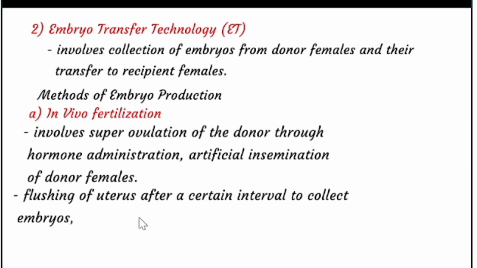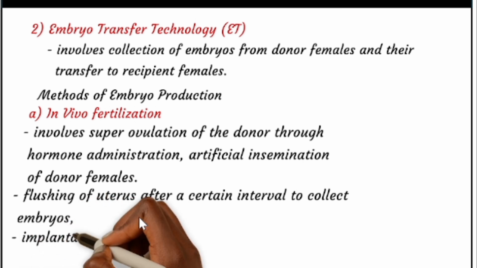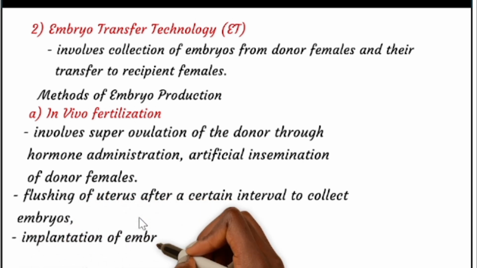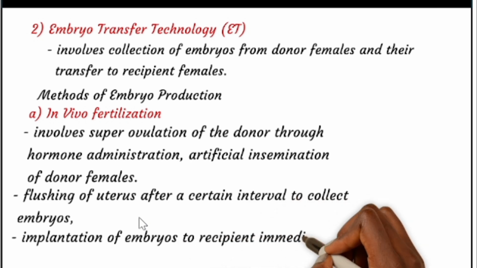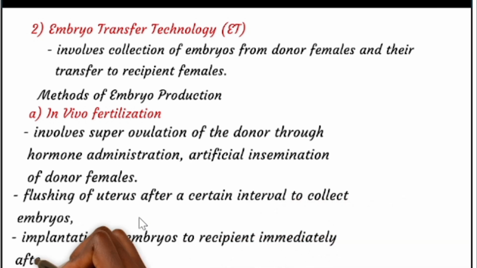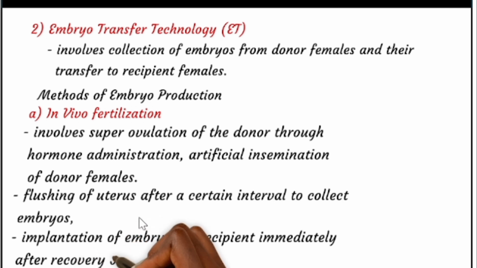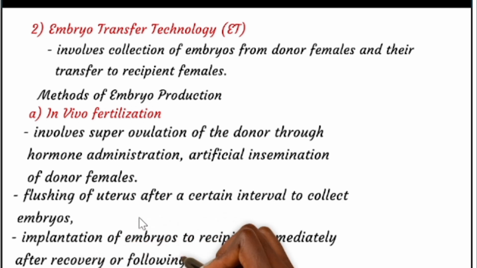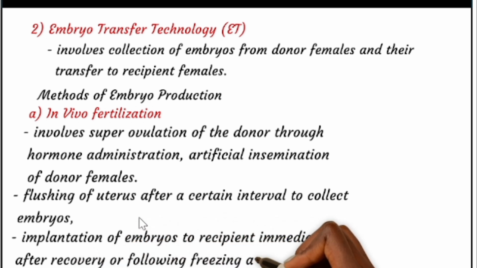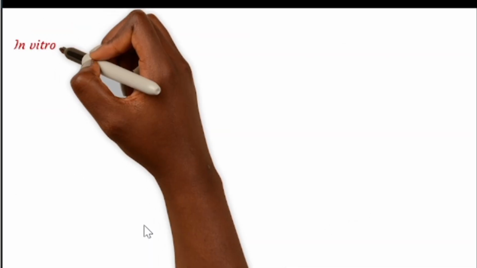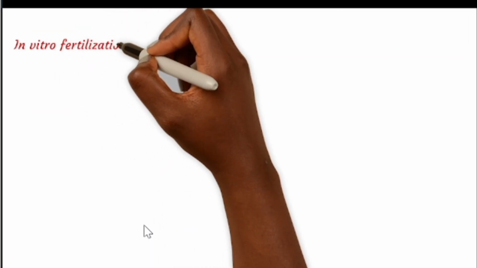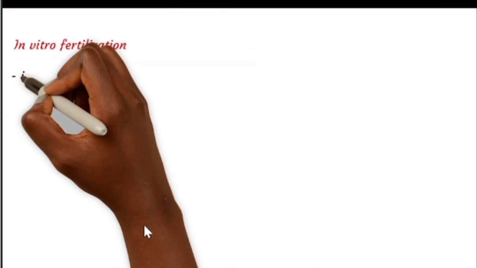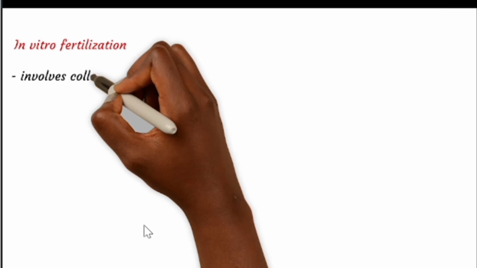Once that is done, you flush the embryos in order to collect them, and then implant the embryos into recipient females immediately after recovering them. Or you can also preserve the embryos and use them later for implantation into recipient females.